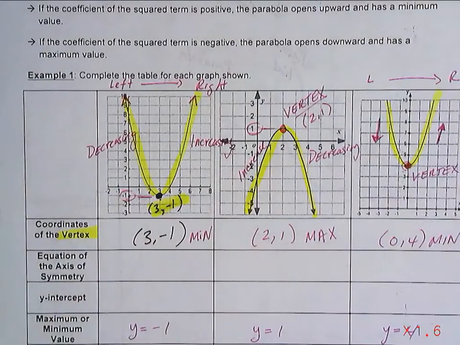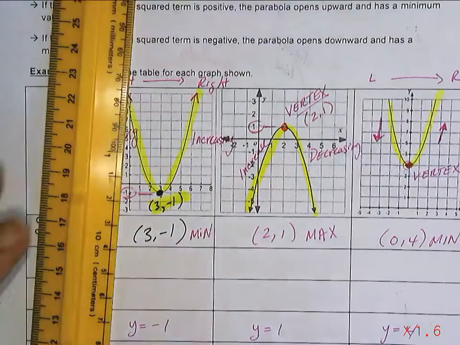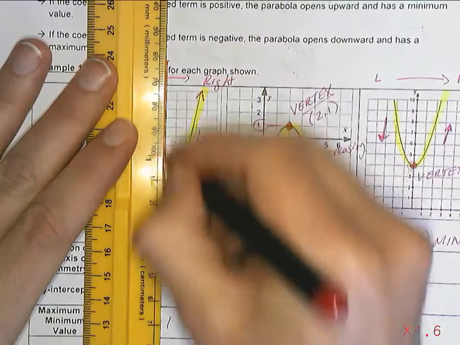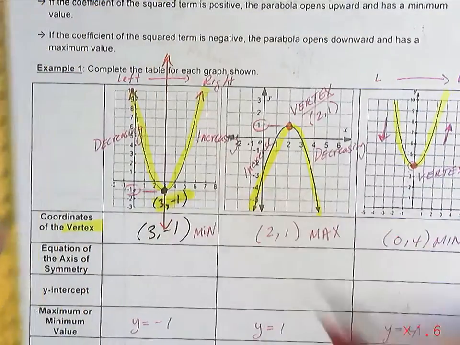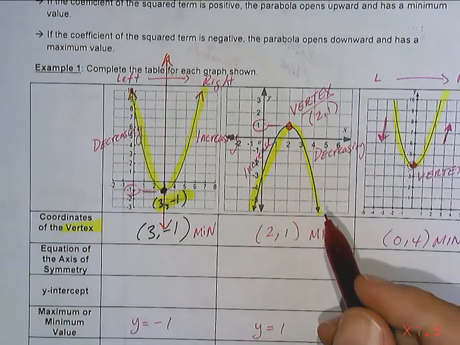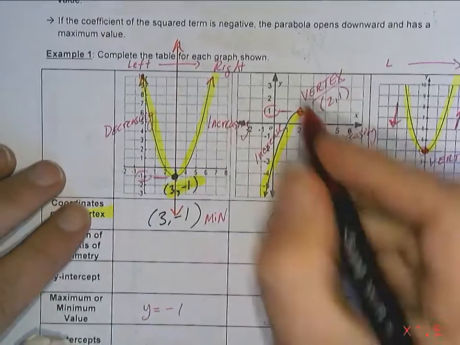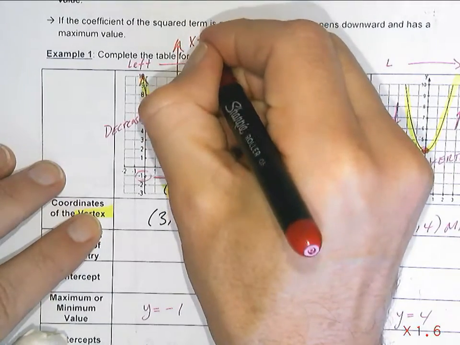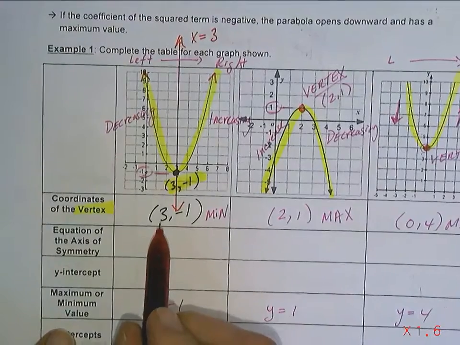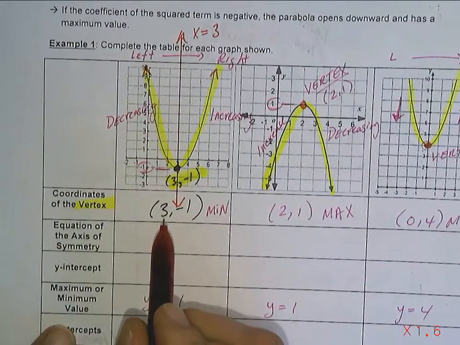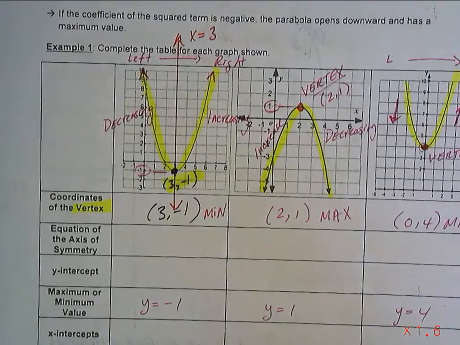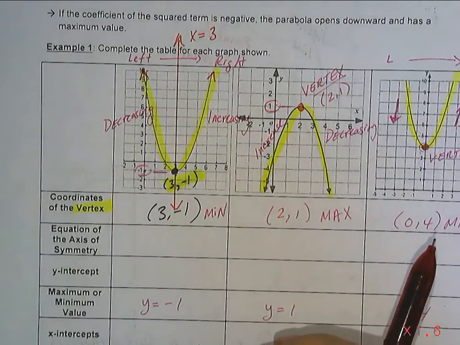The vertical line that passes through this vertex is right here. That has an equation of x equals 3. And notice it's the same value as the x value in the vertex because it passes through the vertex. That just kind of makes a lot of sense once you know what you're doing.